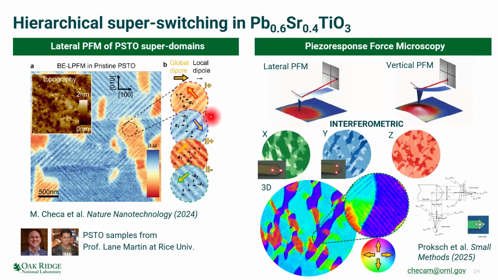And there are 4 possible variants of these superdomains that go along the diagonal of this 100, 010 crystal structure of the material. So basically, in the pristine case, which is what this lateral PFM image is showing, you have the 4 possible polarization directions.